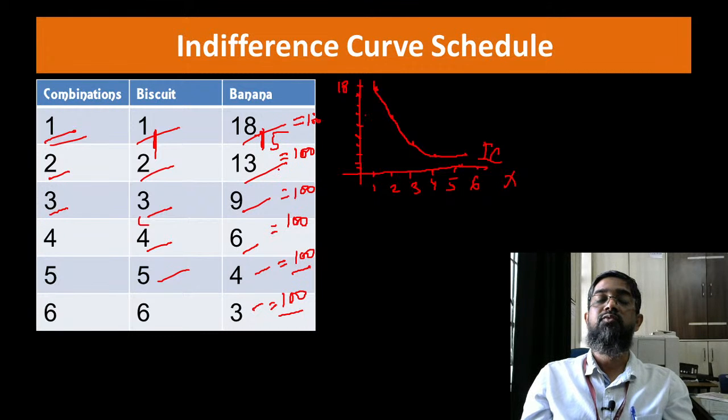That's why he is foregoing more. Now from second to third biscuit, how much is he foregoing? Now 4. So it is declining. Here also the law of diminishing marginal utility principle applies, right? This is also shown with the help of a table. You can draw the indifference curve schedule.